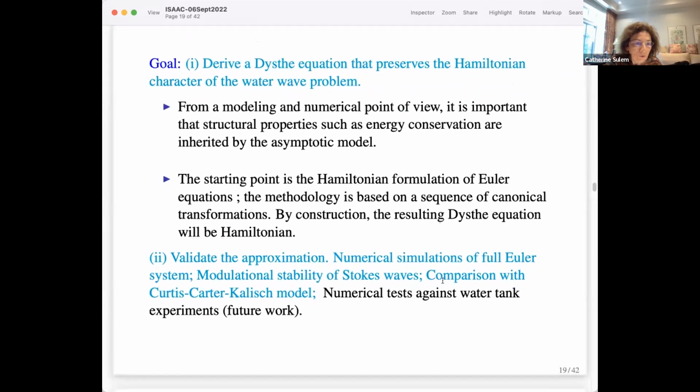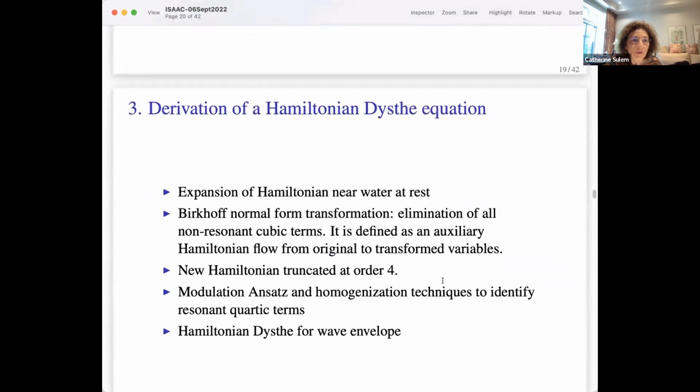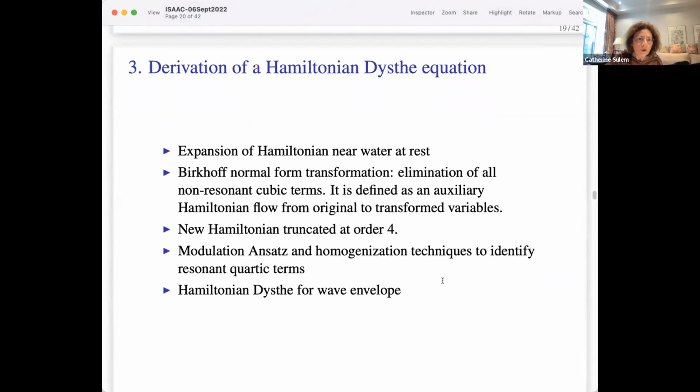So now maybe I will go into a little more detail on this derivation, which is summarized here. The first step is to start from the expansion of the Hamiltonian near the still water.